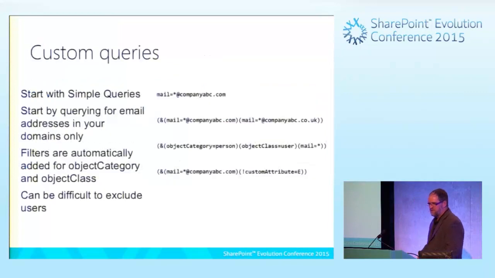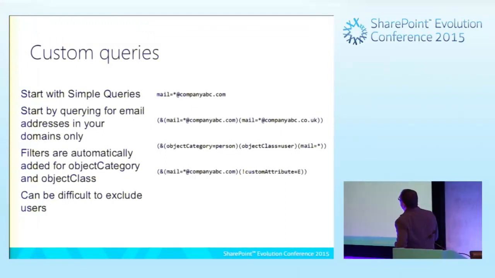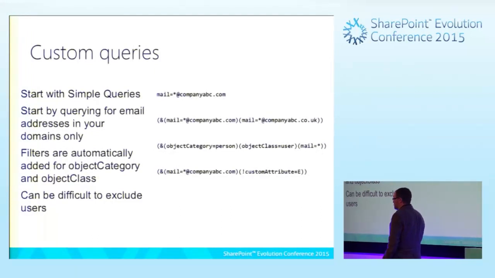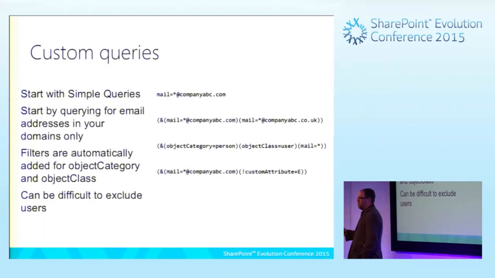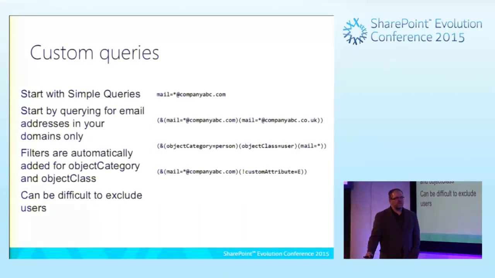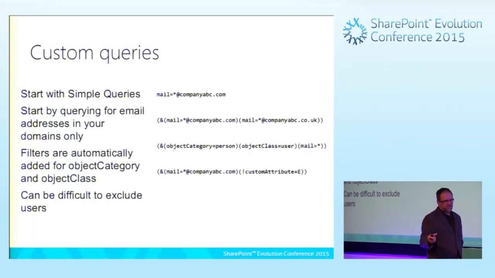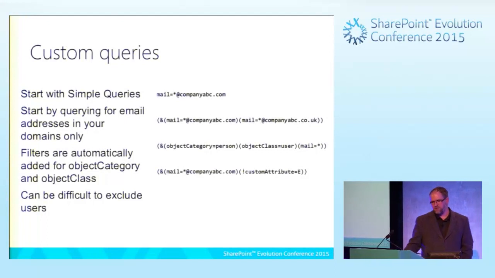Let me walk through some of those customizations here. In terms of custom queries, one of the most common ones is you want to limit the users that are pulled by the directory sync tool to only those that are part of a specific email domain. So if you are using a specific email domain for Yammer, you put that in there and it'll only put those particular users up there.